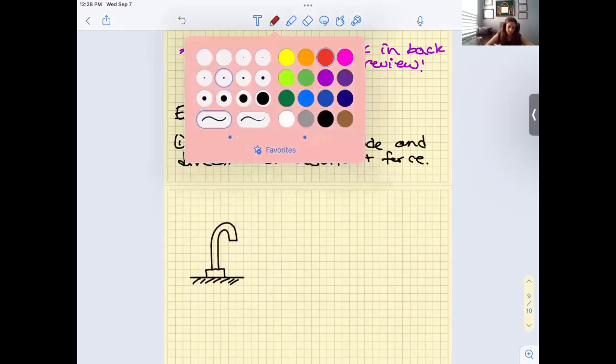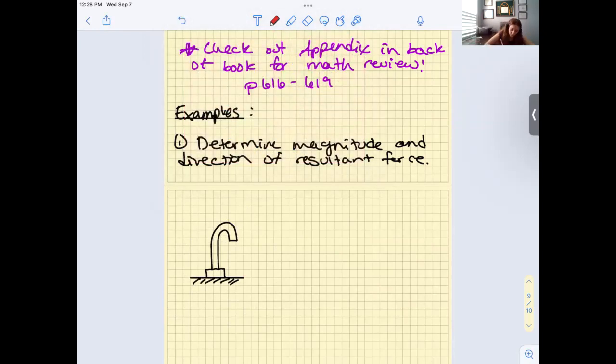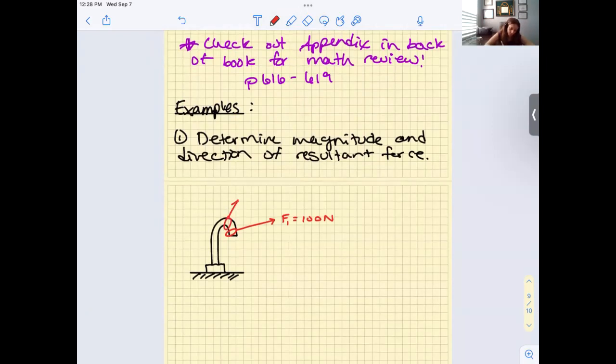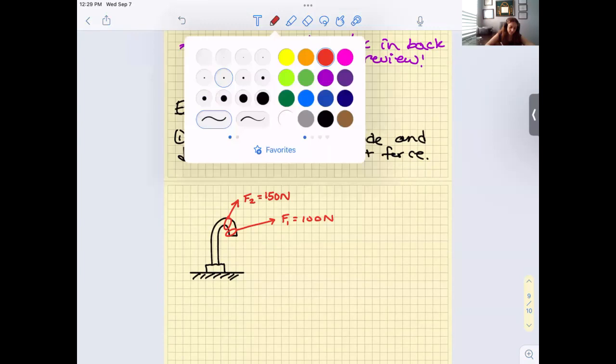And you have two forces pulling on this hook. One force is pulling this way, F1, and it has a magnitude of 100 newtons. The other force is pulling this way, F2, and it has a magnitude of 150 newtons.